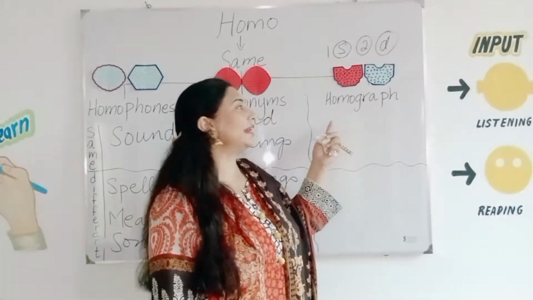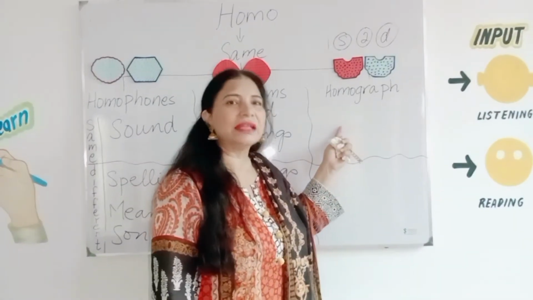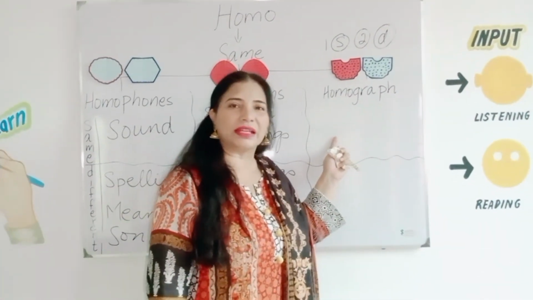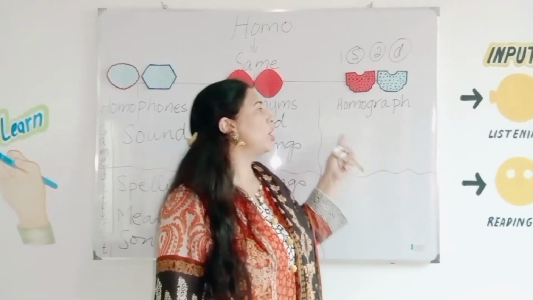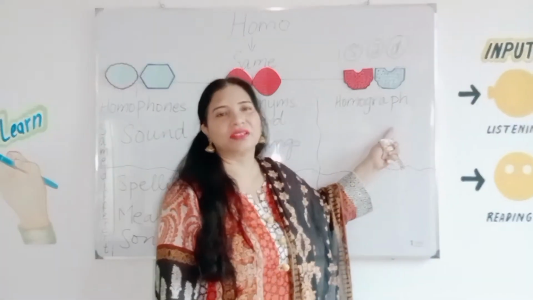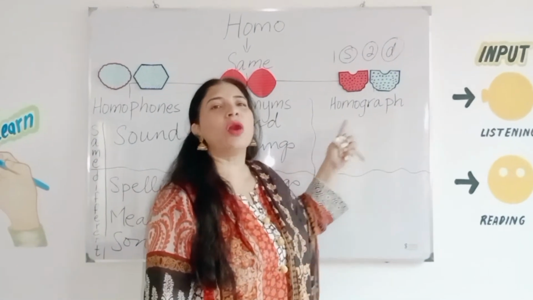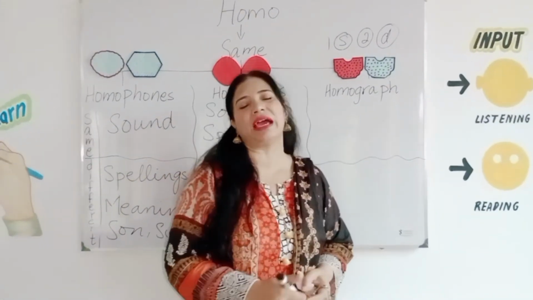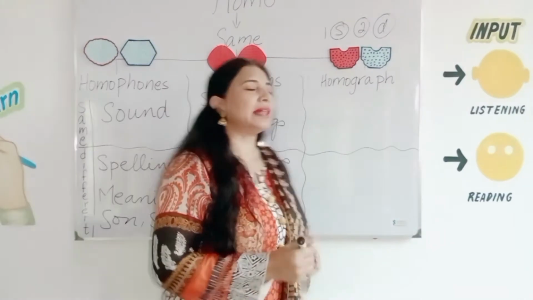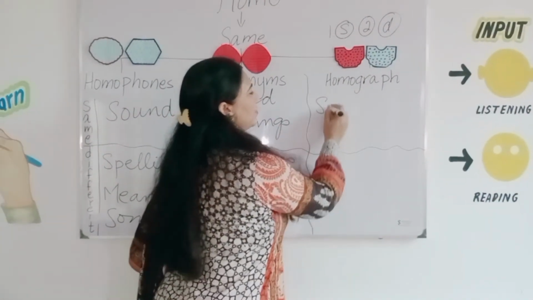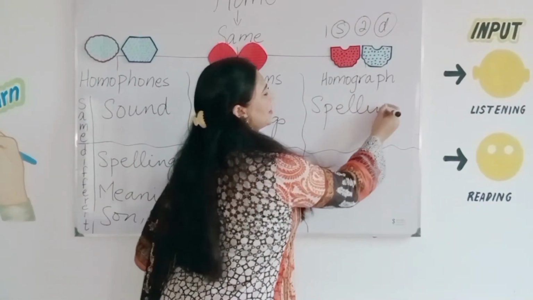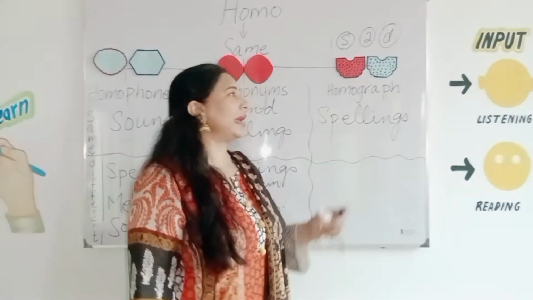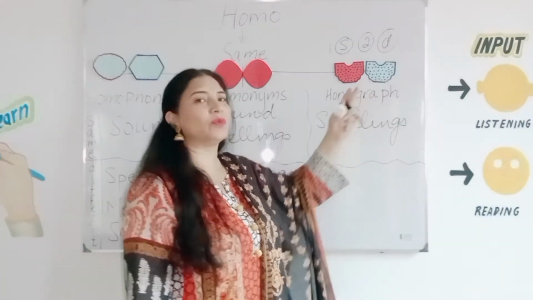So the third category of confusing words that at times are difficult to differentiate and to use in our daily language are called homographs. What are they called? Homographs. So in homograph there is also one similarity, and that is that they are same in their spellings, and there are two differences, and what are they?